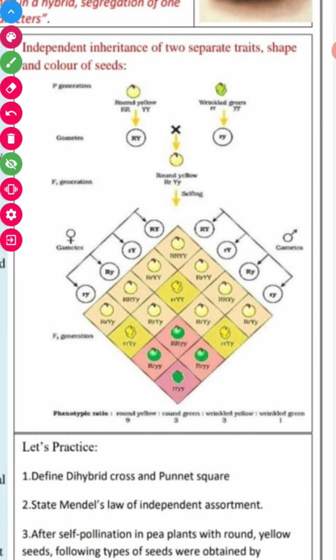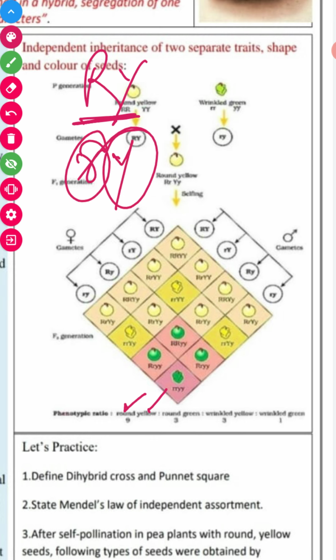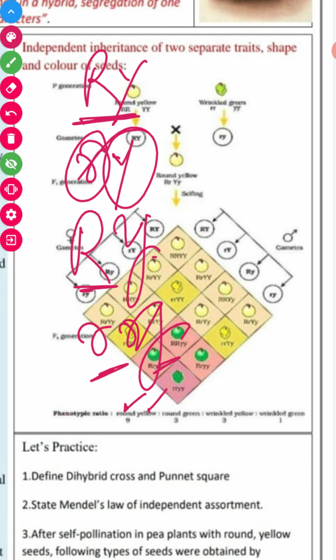So all four possible outcomes are round yellow, wrinkled yellow, round green, and wrinkled green.